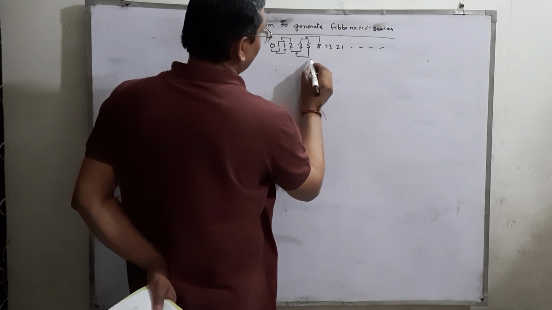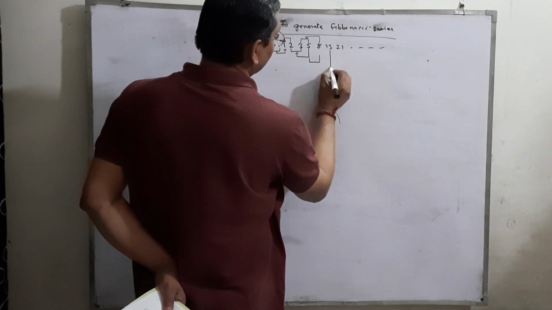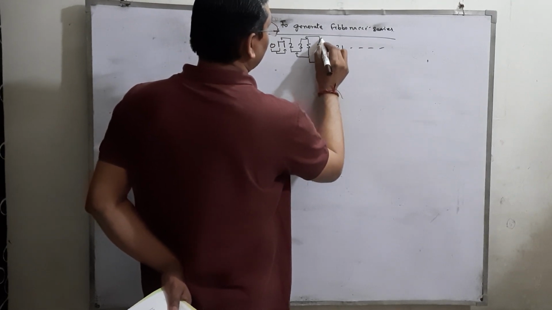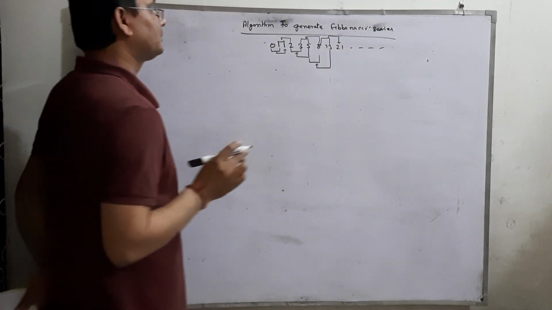Sum of 5 and 8 is 13. Sum of 8 and 13 is 21, and so on.